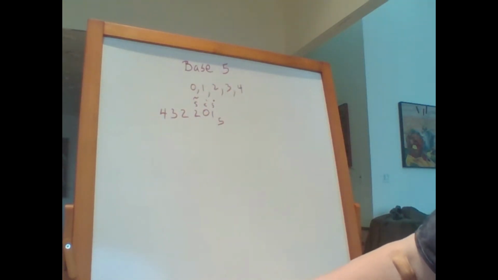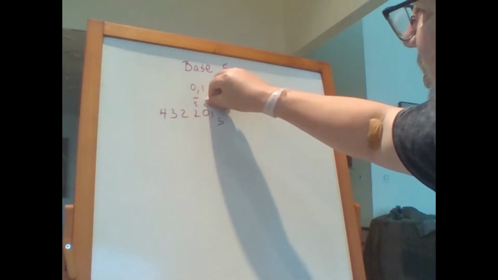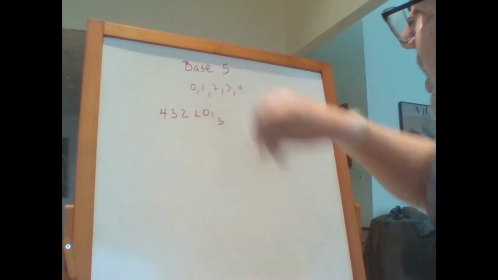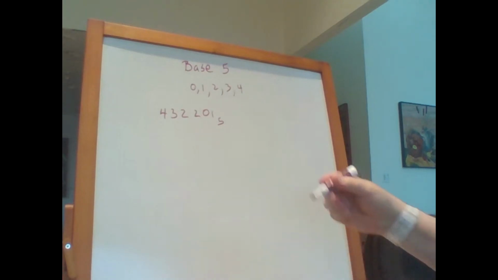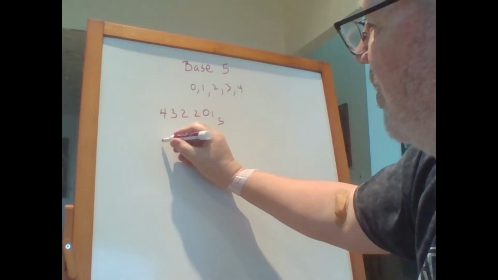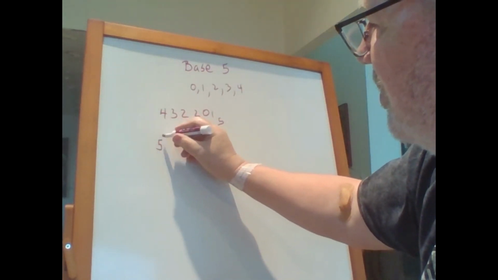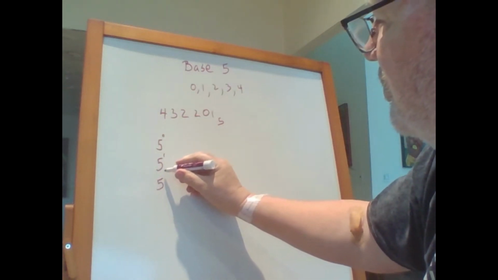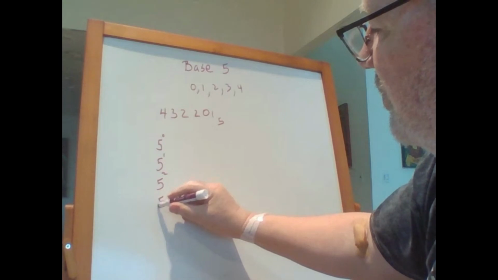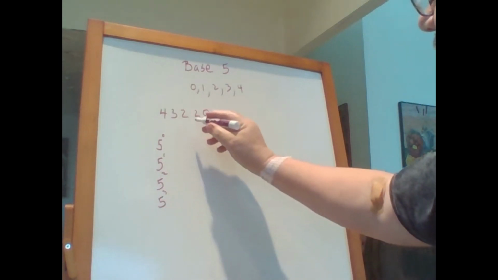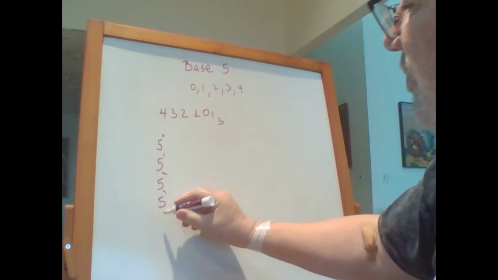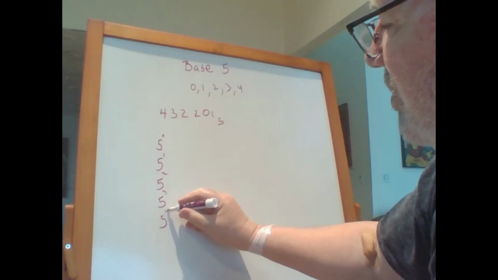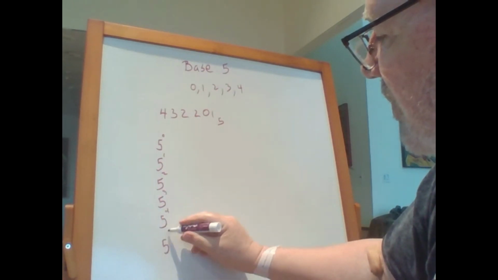So what we do to convert this into base 10 is we draw 5 to the 0, 5 to the 1, 5 squared, 5 to the third, 5 to the fourth, and 5 to the fifth.